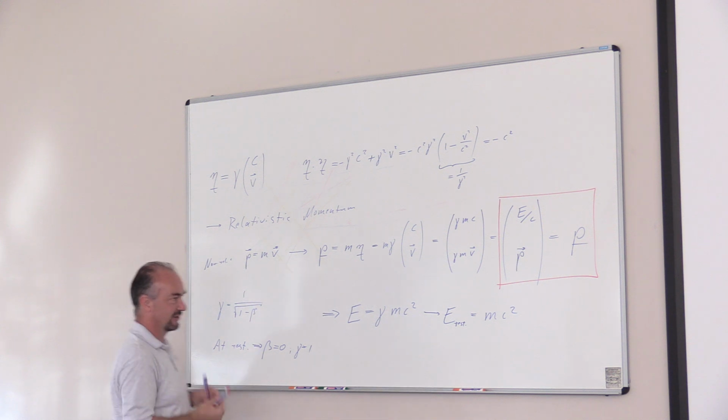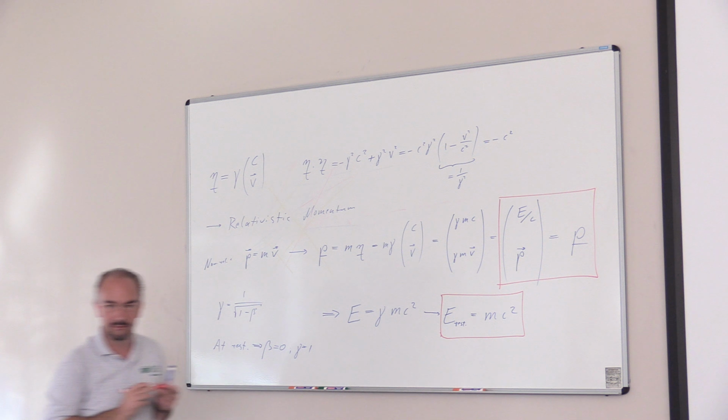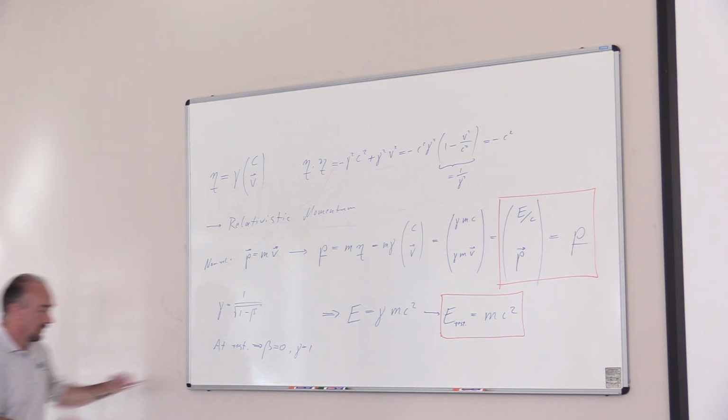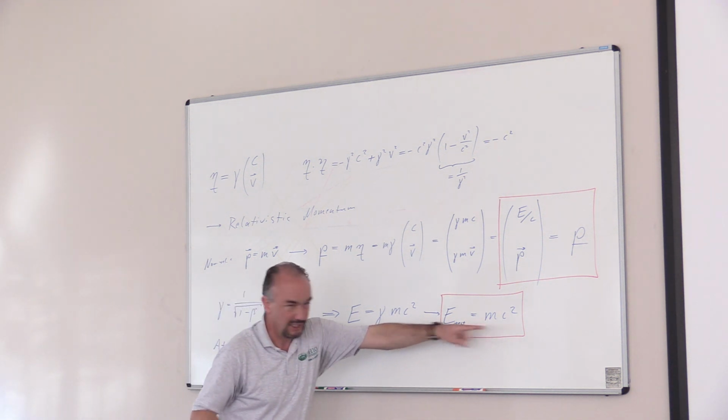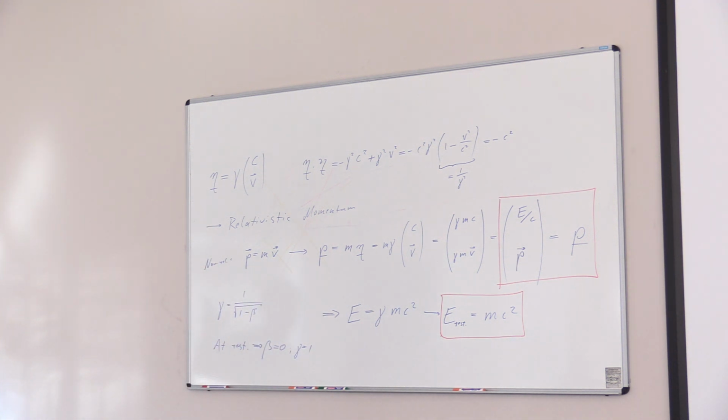So that's, of course, Einstein's famous E equals mc squared. Now that's an energy that every massive particle always has, even if it has no kinetic energy whatsoever.